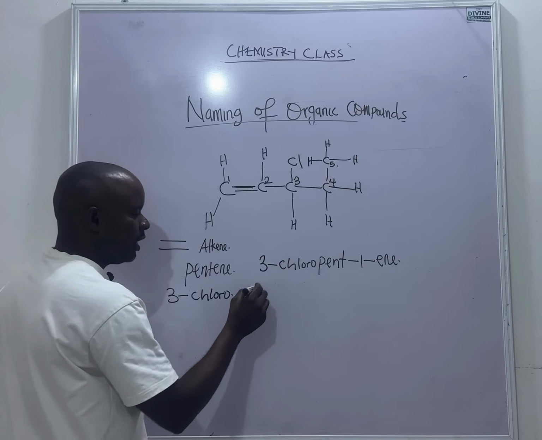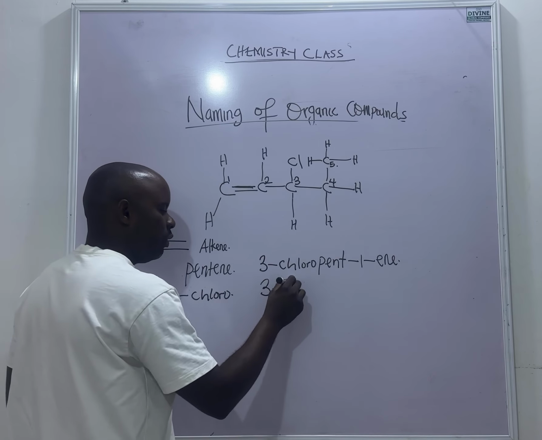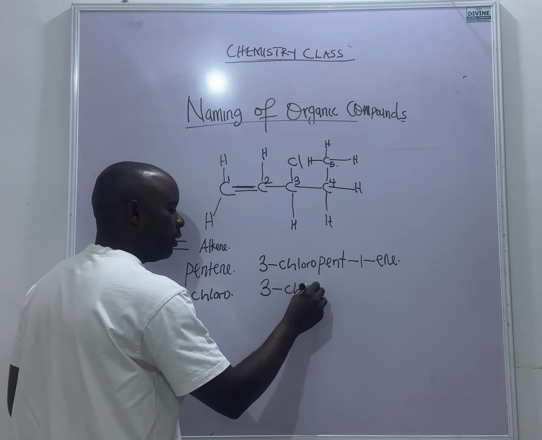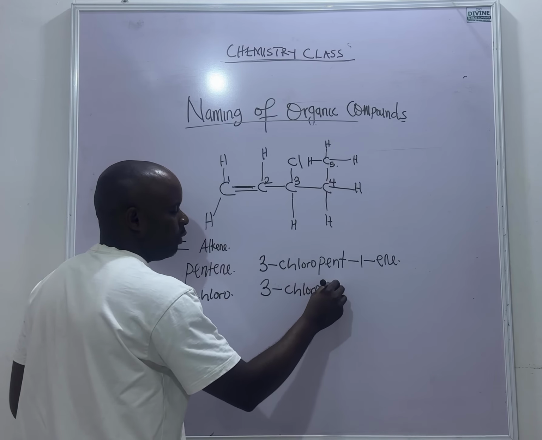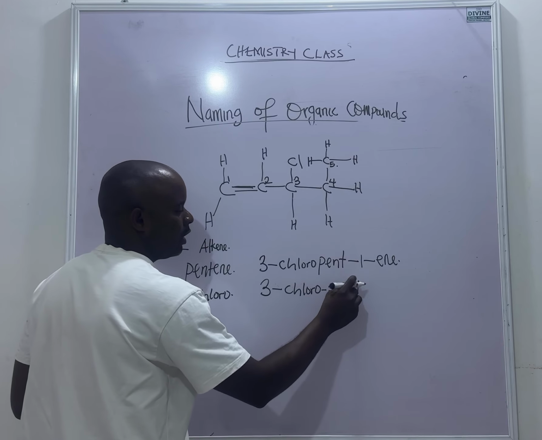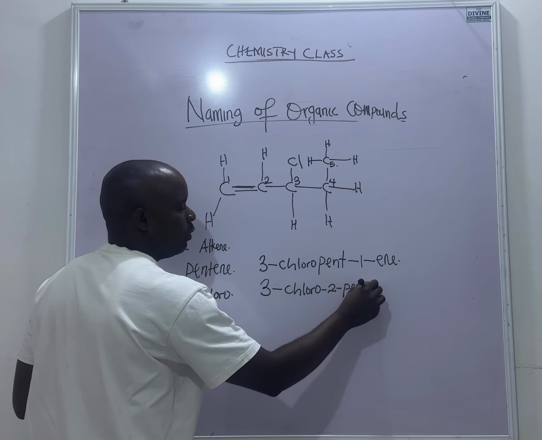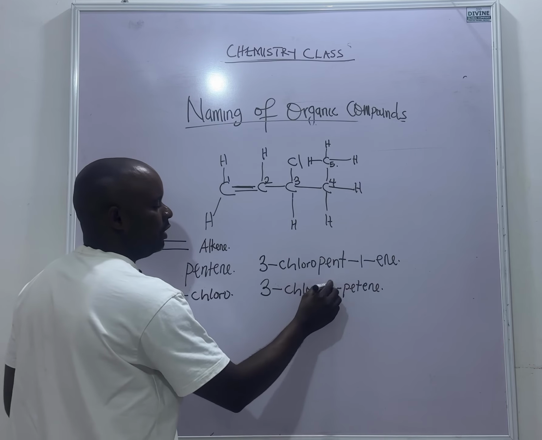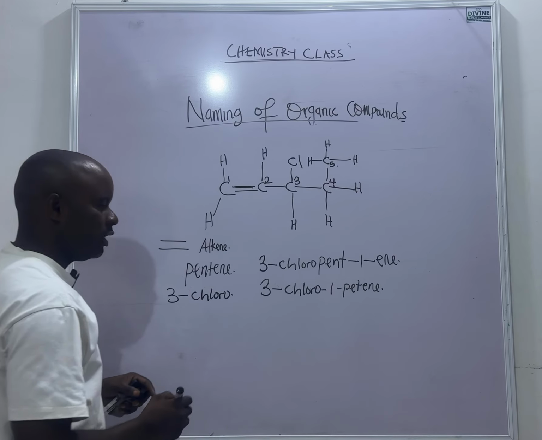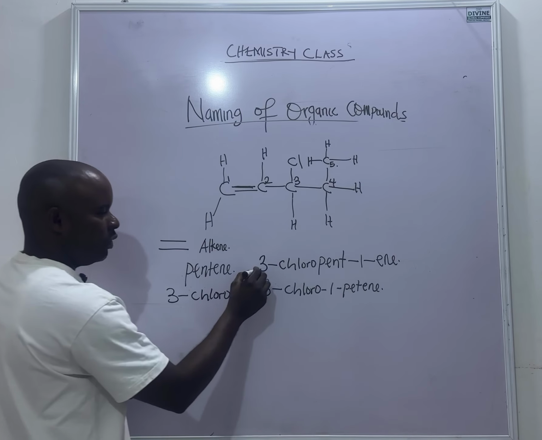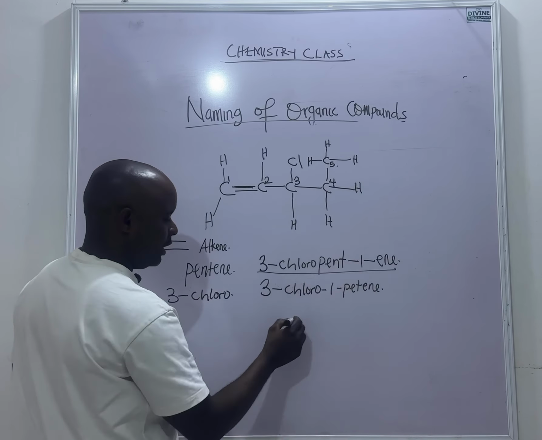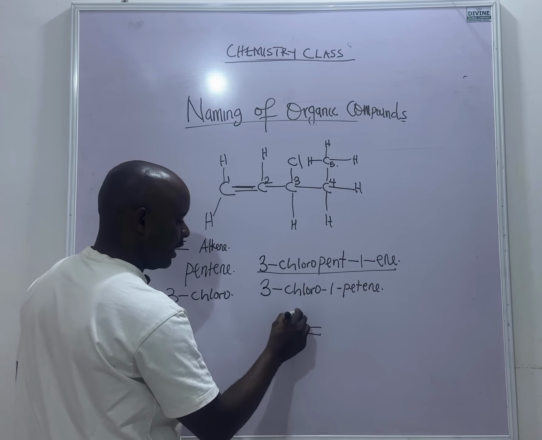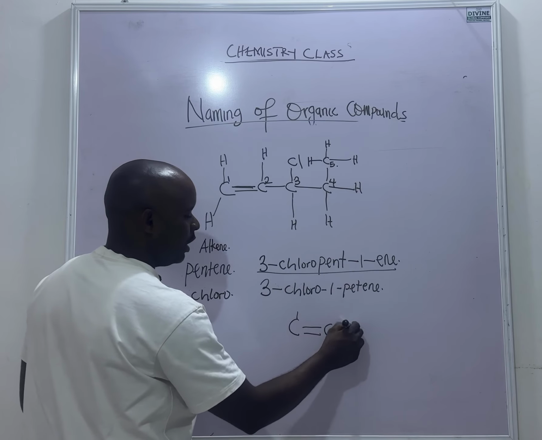Or it can be written as chloro... pentene. Oh, 1-pentene, I mean 1-pentene. We said it's a pentene. We said at carbon 1 we have the double bond.